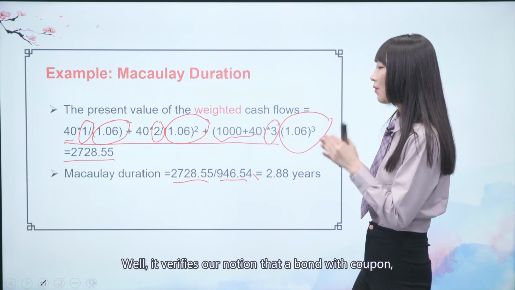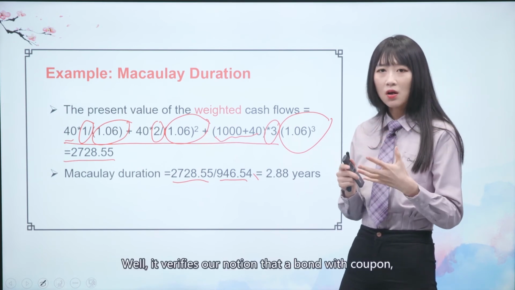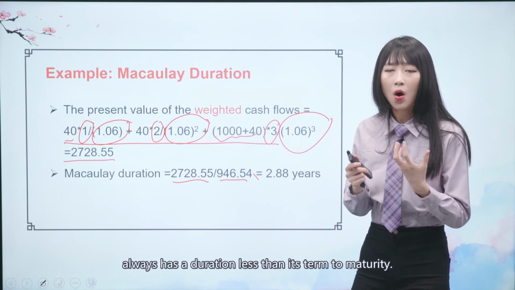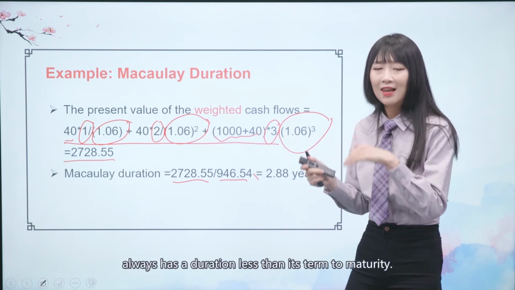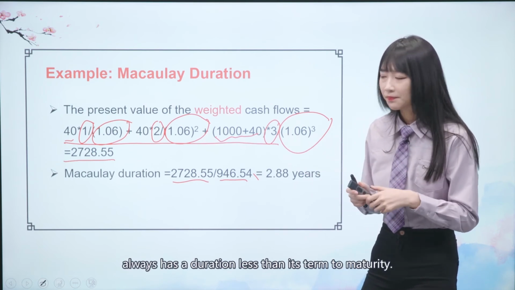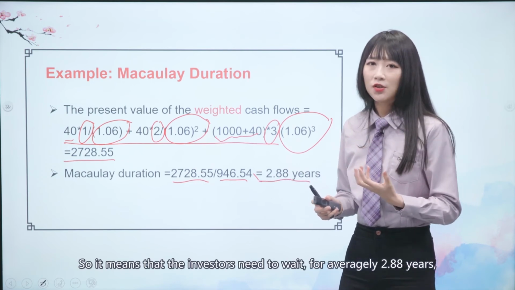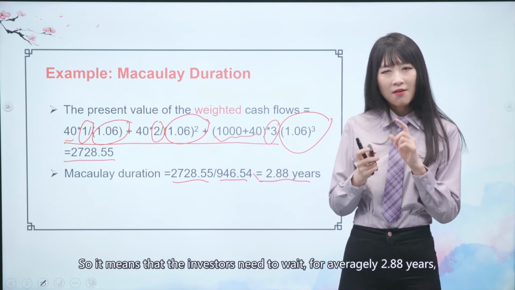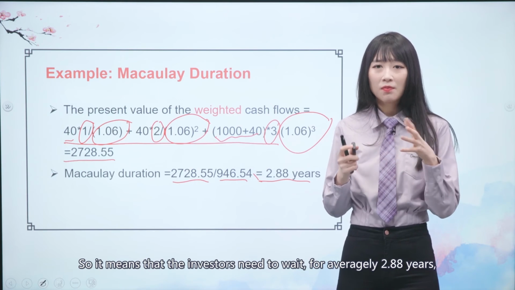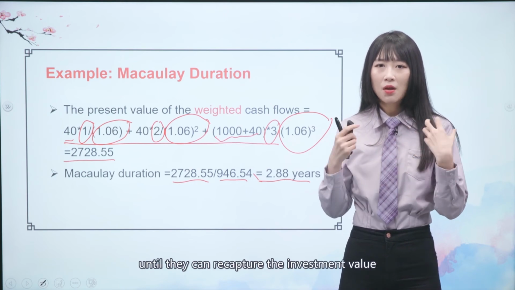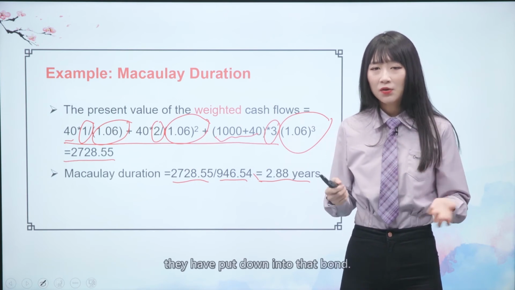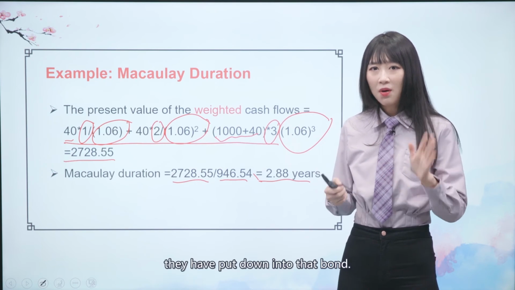It verifies our notion that a bond with coupons always has a duration less than its term to maturity. So it means that the investor needs to wait on average 2.88 years until they can recapture the investment value they have put down into that bond.